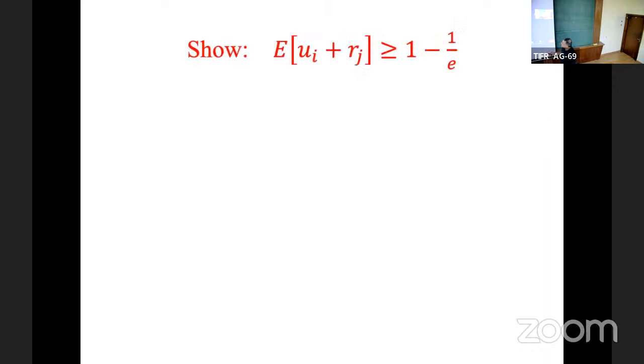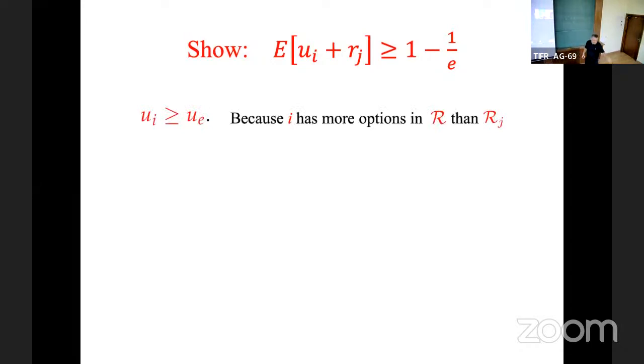Okay, so this is what we have to show: that for every edge ij, not just non-edge, every edge ij, the utility of the buyer i plus the revenue of the good j, the sum of their expectations, is at least 1 minus 1 over e. Okay, and you just said the fact that ui is at least ue because i has more options in the run R than in Rj.